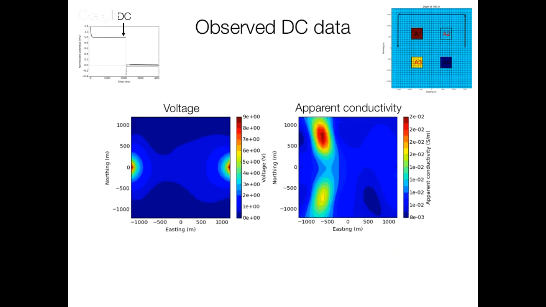So the observed data, here's the DC data. This is what we'd been talking about yesterday. You get this voltage, and if you convert that to apparent conductivity, you actually get a lot of information.